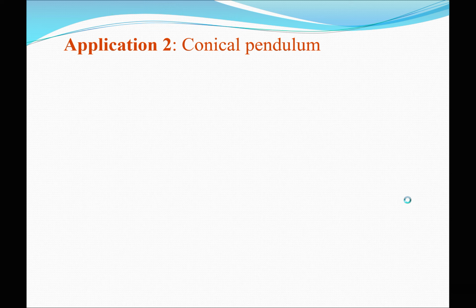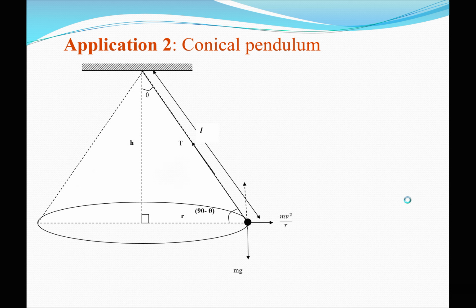So what do we mean by conical pendulum? Imagine you attach an object on a string and you make it describe the shape of a cone. In other words, the object itself is describing a circular path. It is moving in a horizontal circle, but the support is fixed at some point.